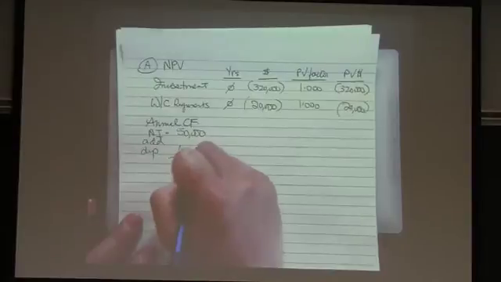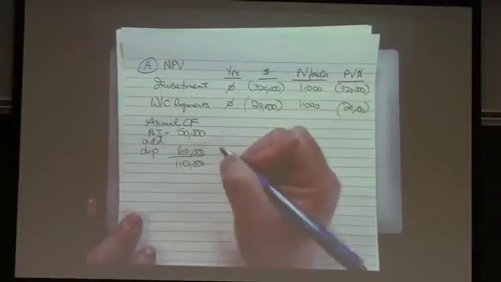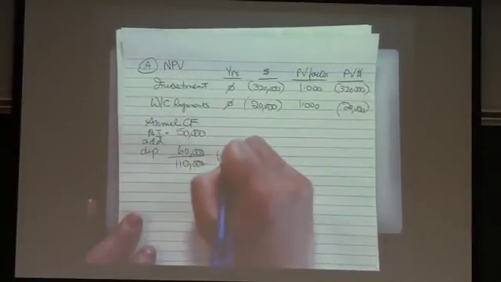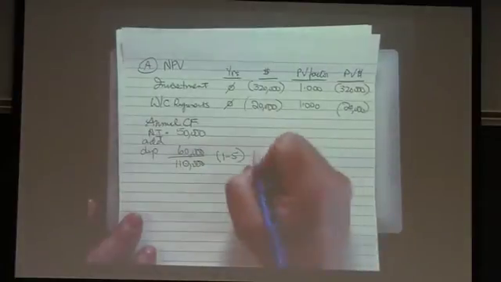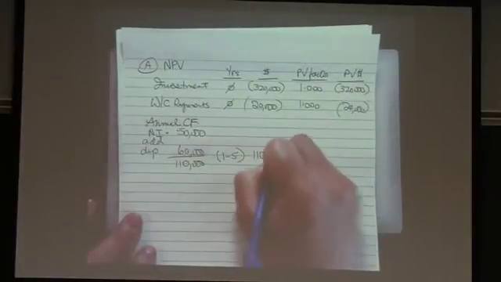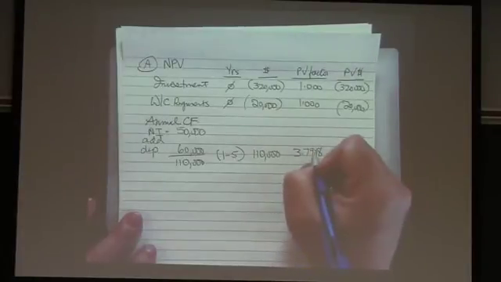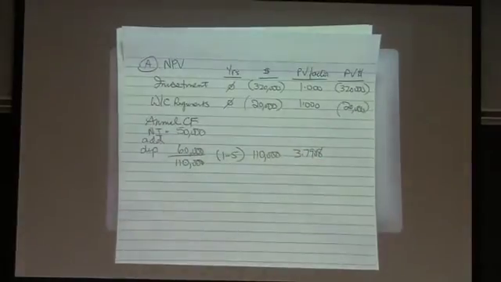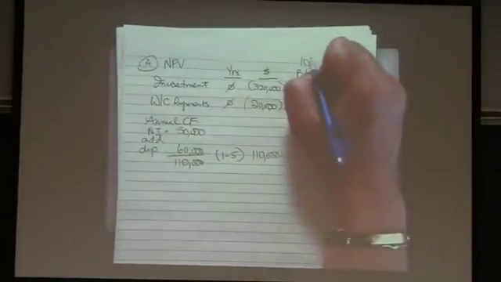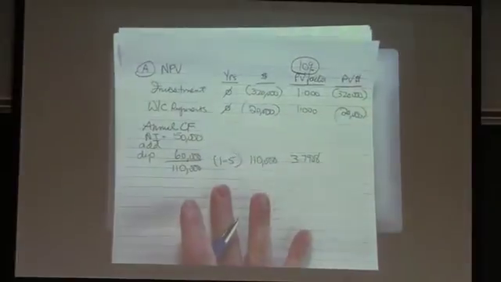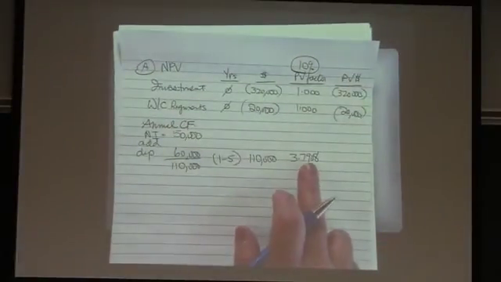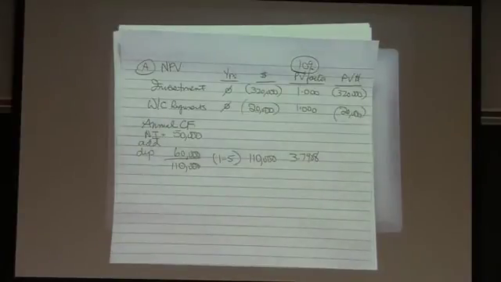So it's going to be 110,000. And we know this is from 1 to 5 years. And the present value factor from the annuity table is 3.7908. And this is, by the way, at the rate of 10%. So that's the present value factor for 5 periods at 10%. And we're going to assume these cash flows happen at the end of the period.